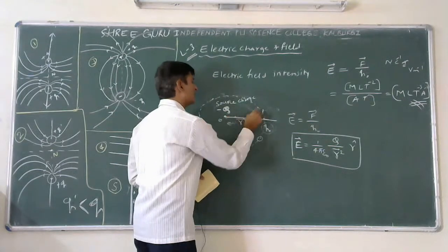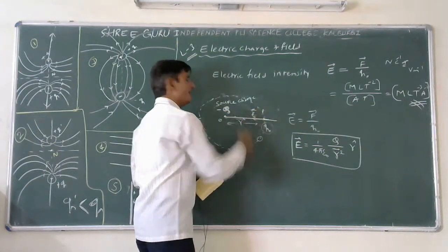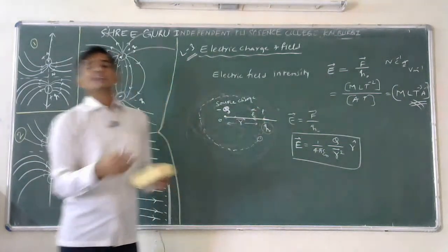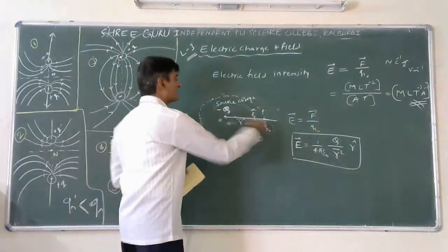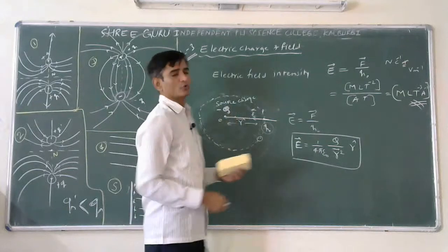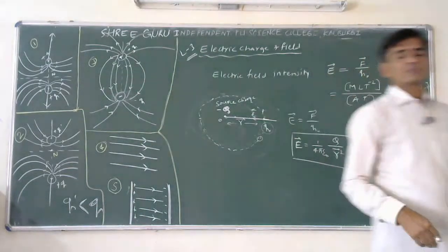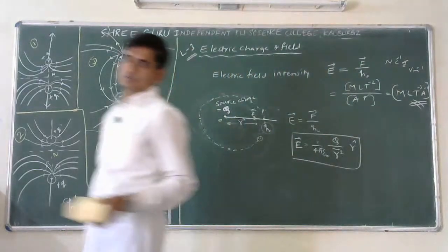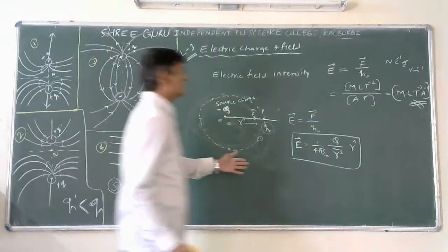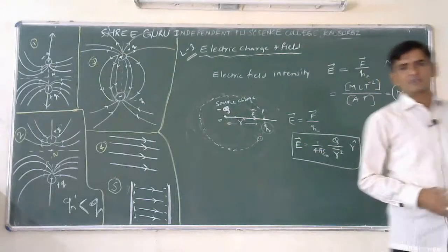Therefore, the electric field intensity will be towards the negative charge, that is, inward. The electric field intensity is inward for a negative source charge, whereas it is outward for a positive source charge. Understood? So this is about the direction of the electric field intensity.